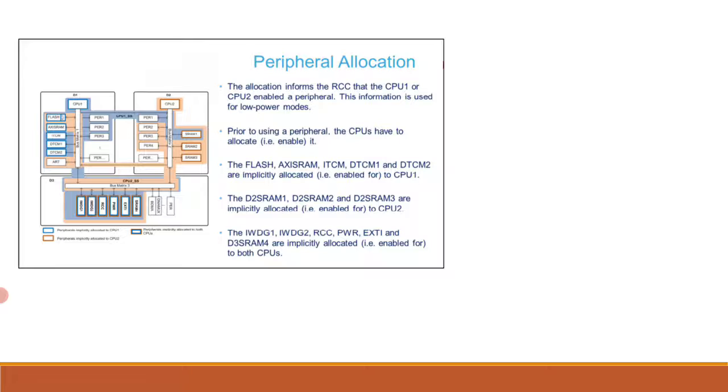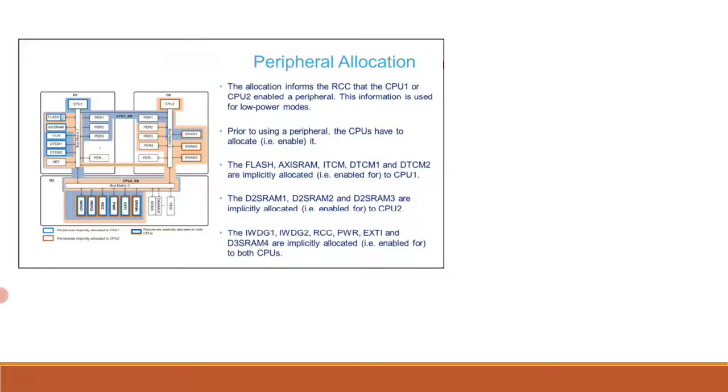Okay, you can see a typical allocation here. Certain peripherals are implicitly allocated to a specific processor. The flash, AXI RAM, ITCM, DTCM1 and DTCM2 are implicitly allocated, that is enabled, to CPU1.